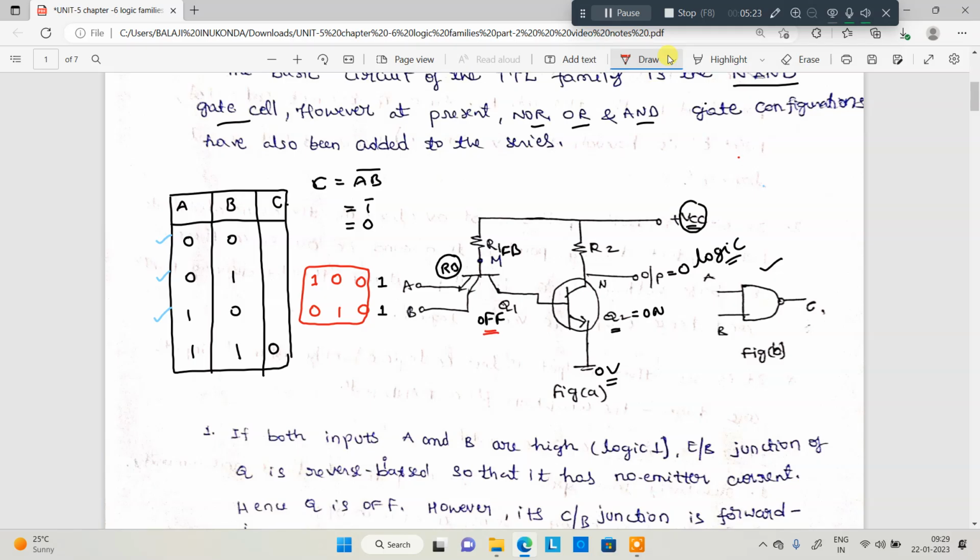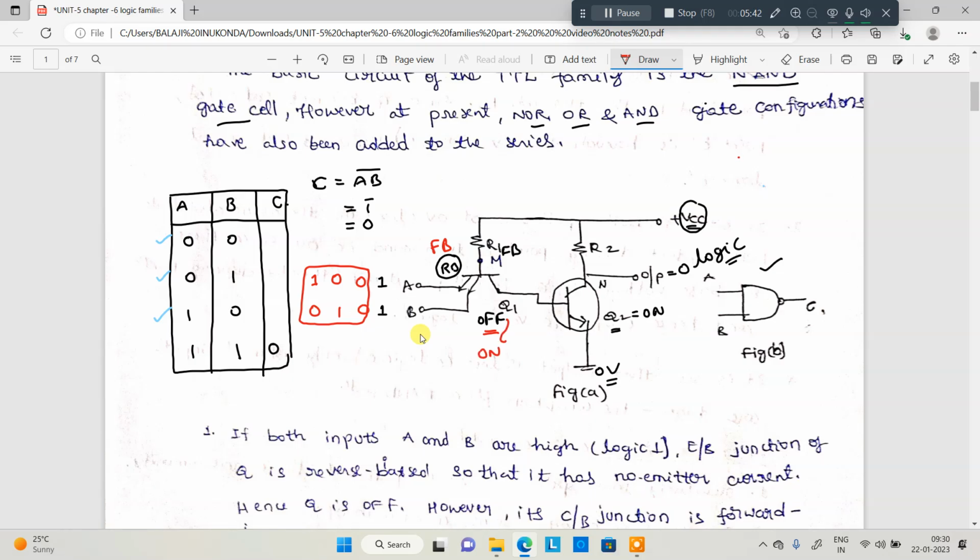The transistor is going to be okay. In this particular case, what will happen here? The Q1 base emitter junction is forward biased. Whenever the base emitter junction is forward biased, that particular Q1 is in the on state.